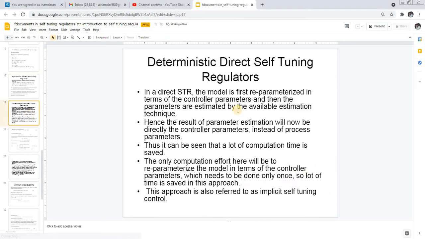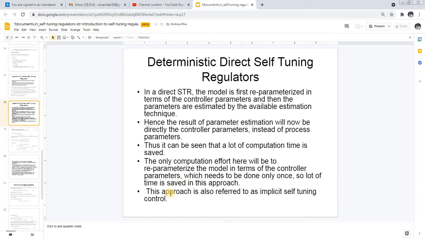We are going to have a look at the deterministic direct self-tuning regulators. The design calculations in indirect self-tuning regulators may be time consuming and poorly conditioned for some parameter values. So it is also possible to derive other algorithms in which the design calculations are simplified or eliminated.